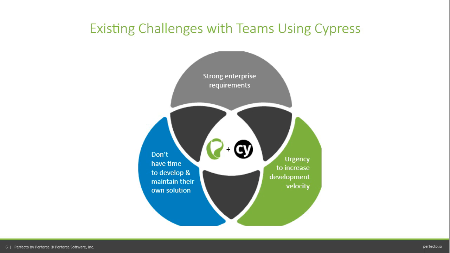So there is an urgency to increase their velocity and have a lot more of these features developed within that time frame. Last of all, another common theme is that a lot of the time they don't have time to develop and maintain their own infrastructure, the framework, and everything associated with building up a Cypress grid in-house.